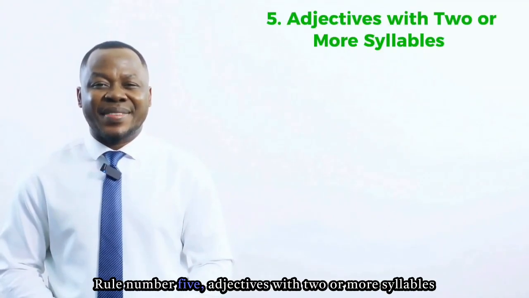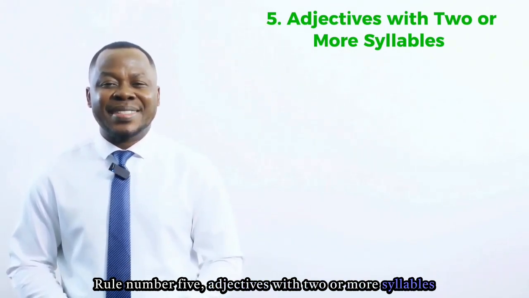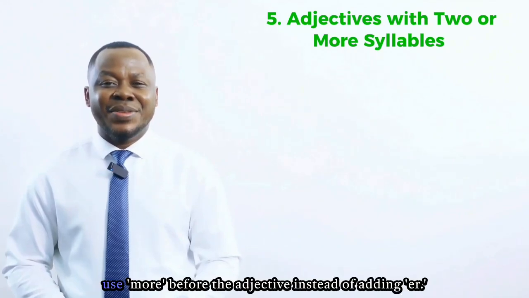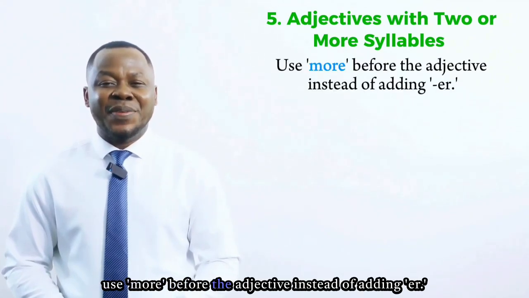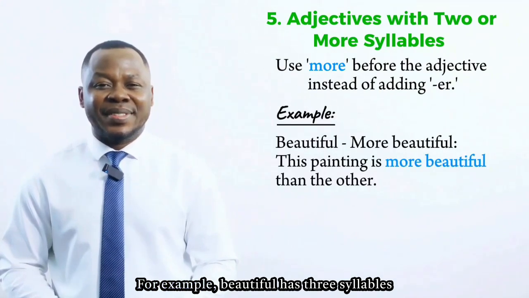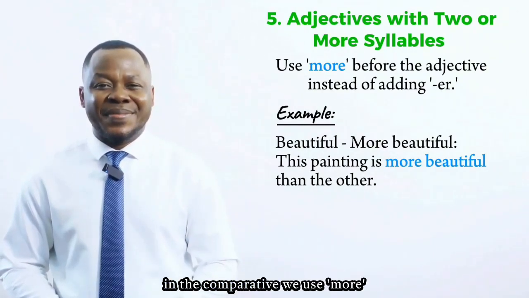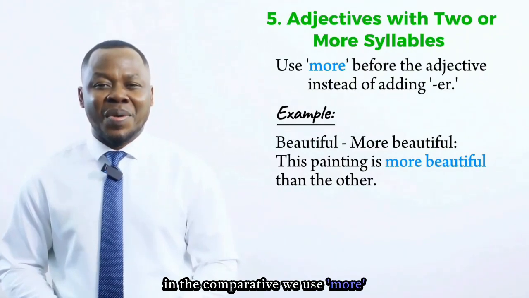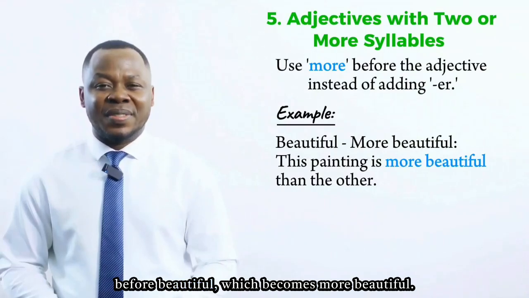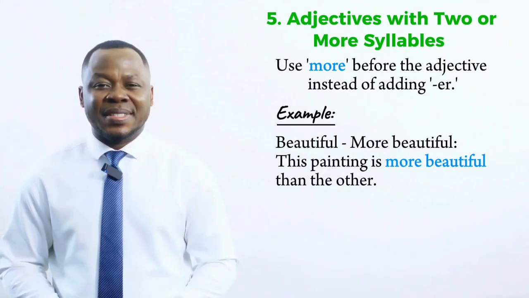Rule number 5. Adjectives with two or more syllables. Use more before the adjective instead of adding ER. For example, beautiful has 3 syllables. In the comparative, we use more before beautiful, which becomes more beautiful.